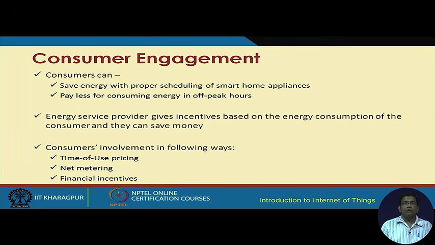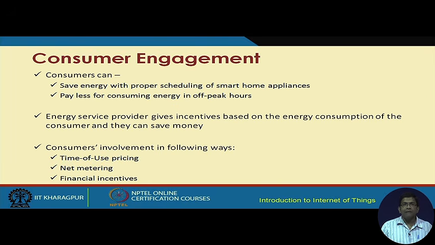Now, let us talk about consumer engagement in a smart grid. As I was mentioning briefly before, it is possible for consumers to get engaged in the overall process and in the functioning of the system. That way, consumers can save energy with proper scheduling of smart home appliances, paying less for consuming energy in off-peak hours.